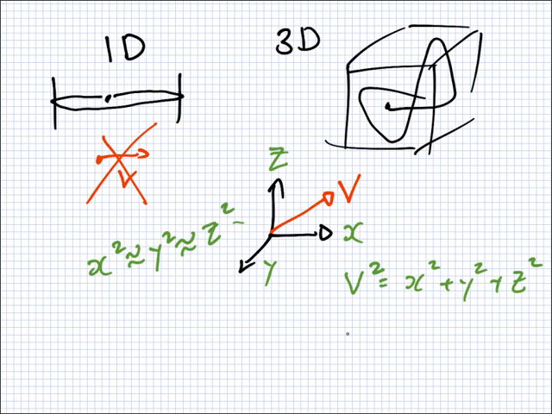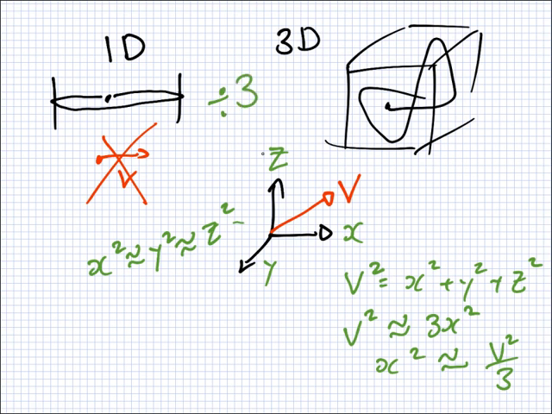So this means that you could get v squared is roughly equal to 3x squared. So it means that x squared is roughly equal to v squared over 3. So in other words, if we want to switch from 1D to 3D, all we have to do is divide by 3.